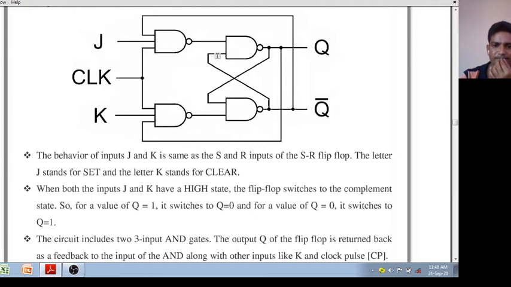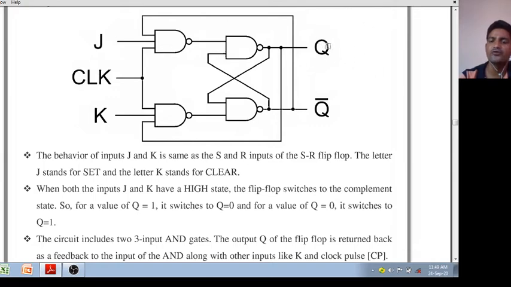Okay, 1, and this was 0. So 1 into 0 is 0 and bubble 1, so it will be 1. Means when q equal to 0, Qn+1 equal to 1, means it is toggle condition. Similarly, for the next value you can analyze.